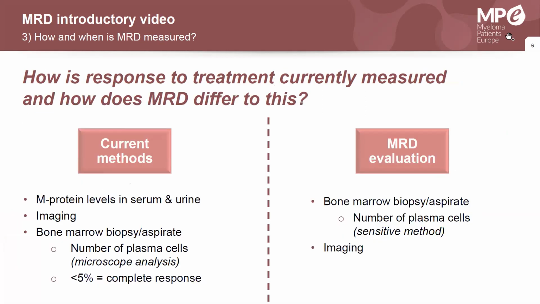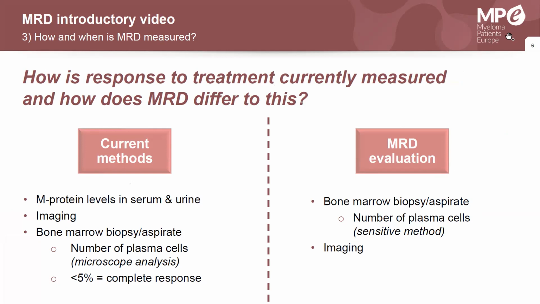How is response to treatment currently measured, and how does MRD differ to this? Well, in myeloma, the evaluation of treatment response is traditionally based on criteria, including the levels of M protein in the serum and urine, and the number of plasma cells in the bone marrow. M proteins are abnormal proteins or antibodies produced in excess by myeloma cells.